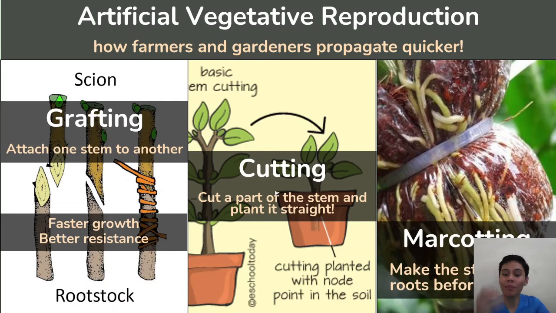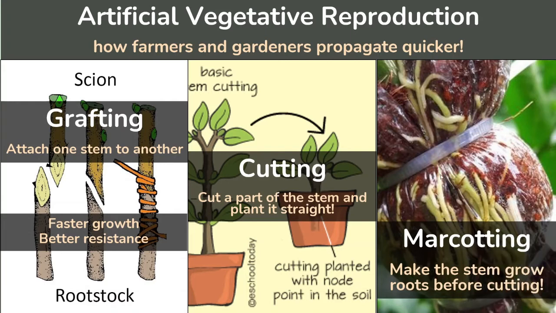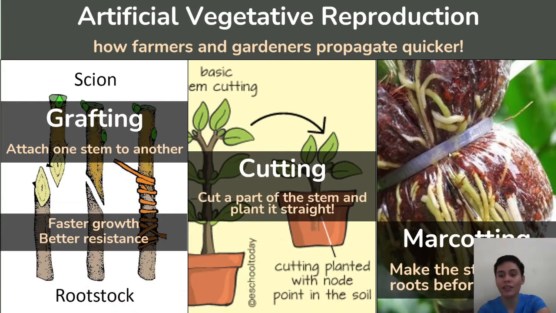We make the stem grow roots by cutting the epidermal tissue and then putting soil on it before cutting it and putting it into the ground. This gives a greater chance of survival, and is also the reason why we have some fruit trees that are very small but already grow fruit within a year of planting. So marcotted trees are like that.